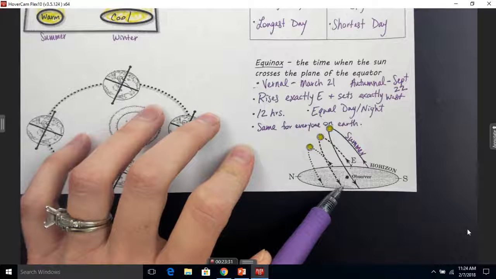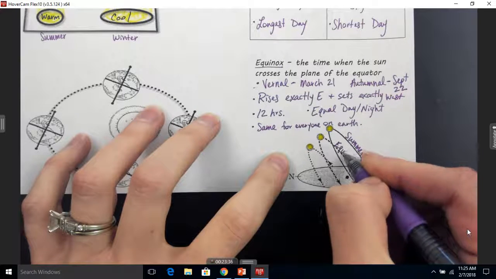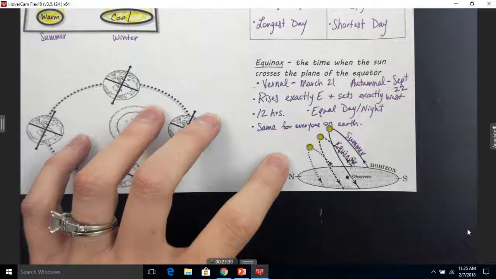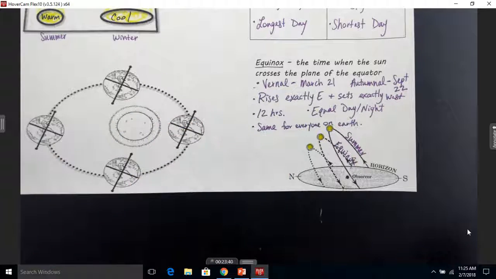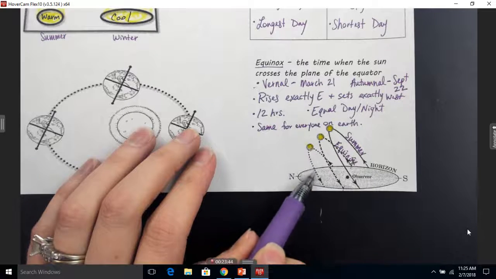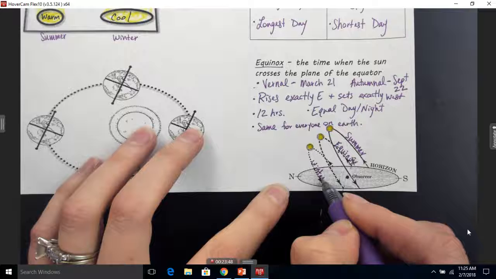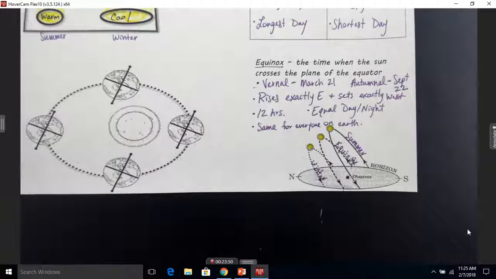They're the same. It just depends on if it's March or September. Okay, this one right here, winter. Does that make sense? Okay.